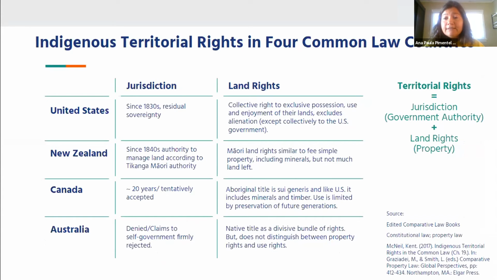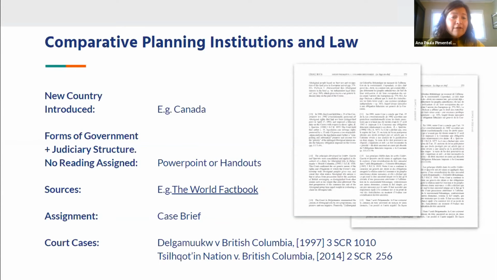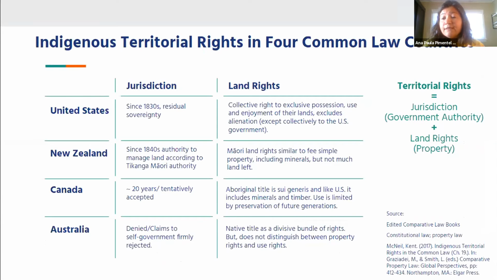So I go with choosing a legal case, choosing a country, and then I choose a reading that's easier to digest, very easy to follow. And then I try to group that country with a group of countries.